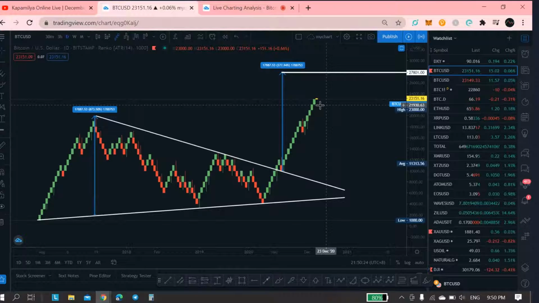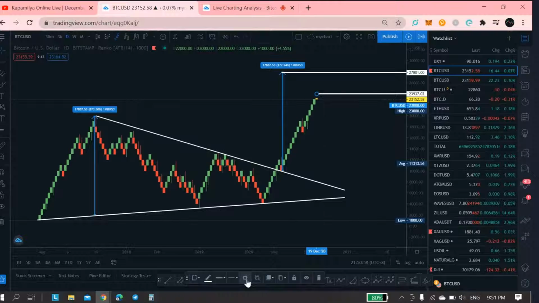Since it's currently forming a possible bullish Renko chart, with a possible target, look at the height, it's 1,000. For each Renko bar, just add 1,000 to it. The previous high is 23,000, so just add 1,000 to that. The next target will be 24,000.